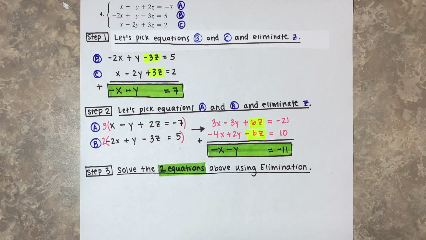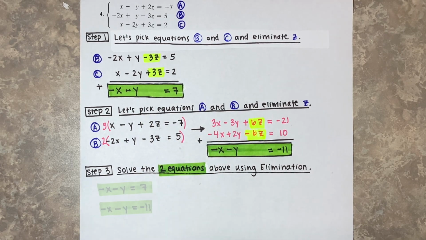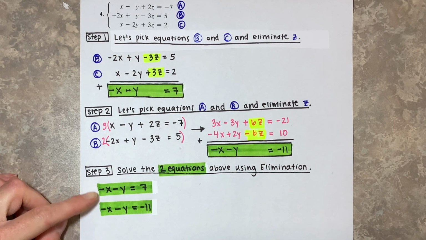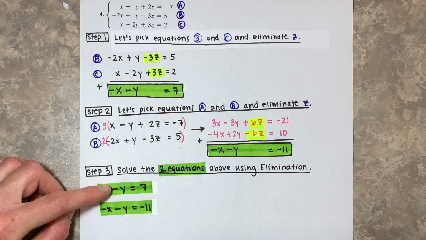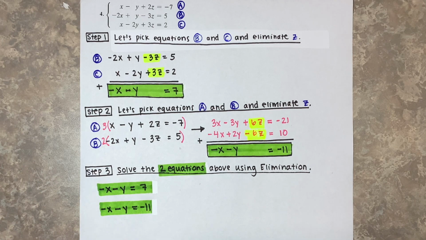Now, in step 3, we're going to solve these two green equations using elimination. I'll start by copying down these two green equations right here. Now, in order to solve these two equations using elimination, we need to make it so that the x's have matching but opposite coefficients, or the y's have matching but opposite coefficients. Either will work.